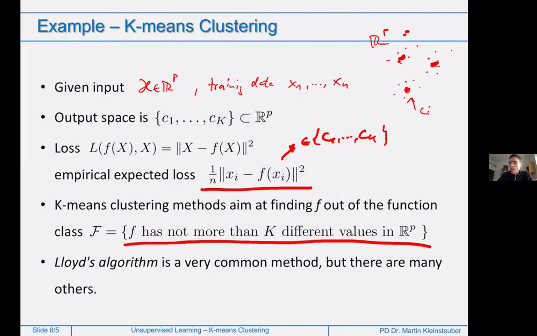The distribution that we have at the beginning is distributed in the whole space, and the distribution after mapping is distributed only on k different points. You cannot do more volume reduction than this. So we need to find the CKs and the mapping f together. Exactly. That's correct.